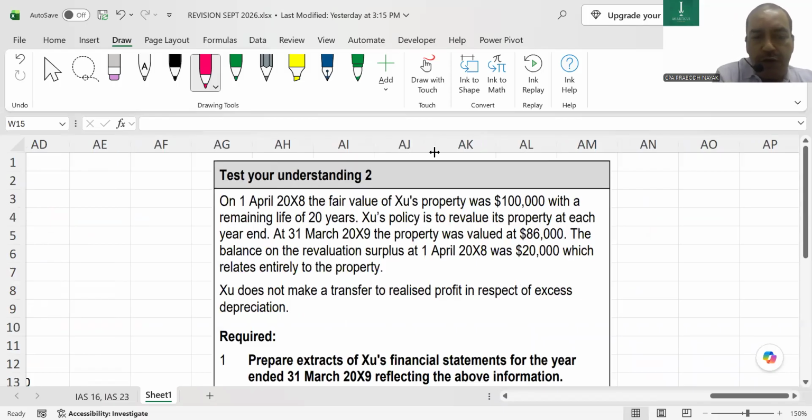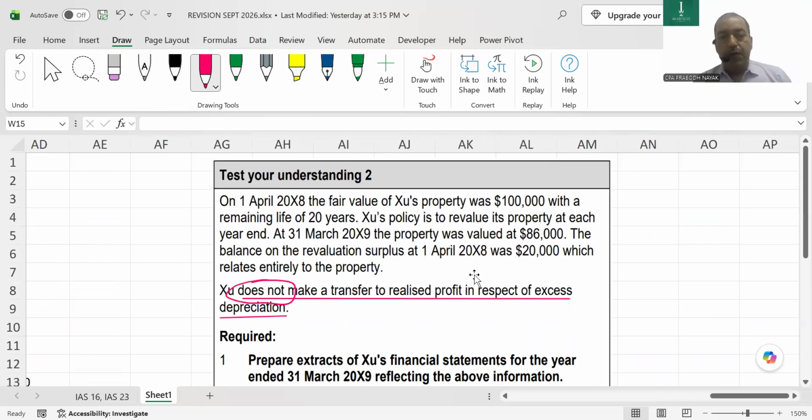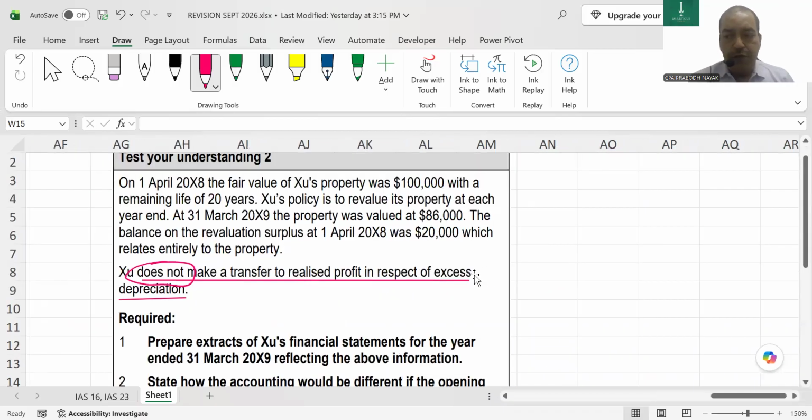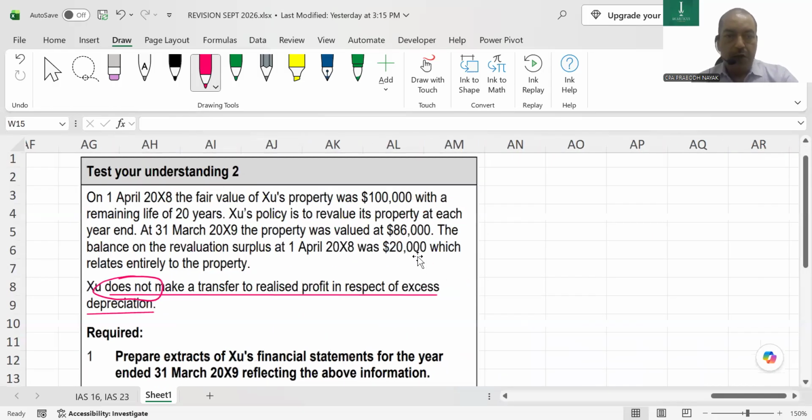So as I told you, this is important for us. Okay. So what do we start with first? We first start with working note on depreciation.